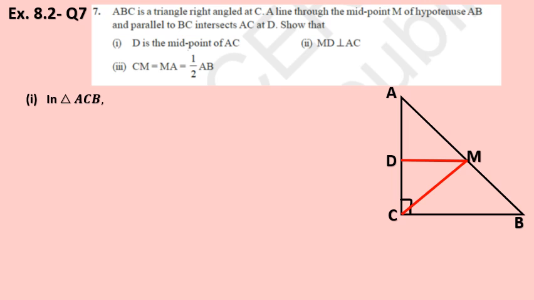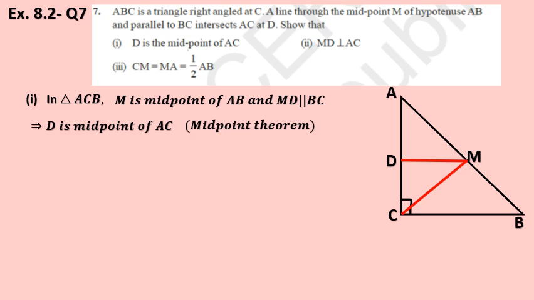So in triangle ACB, that big right angle triangle ACB, M is the midpoint of AB and MD parallel BC. These two things are given. So D is the midpoint of AC by midpoint theorem. So first question proved. Now second part.